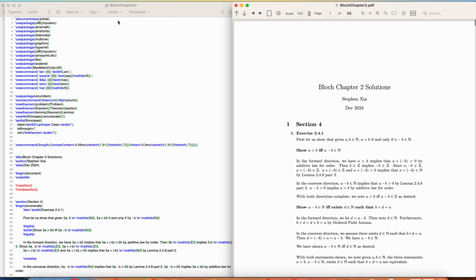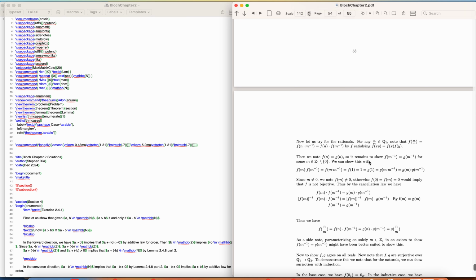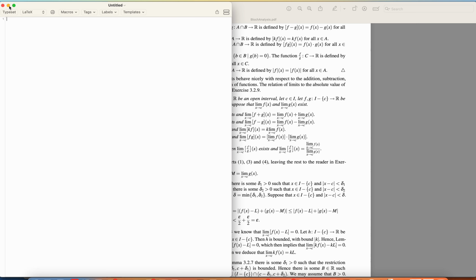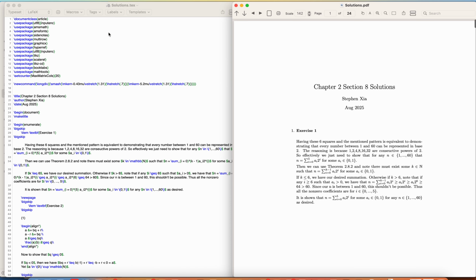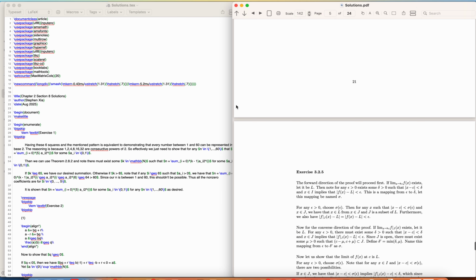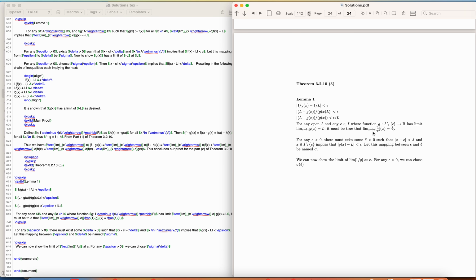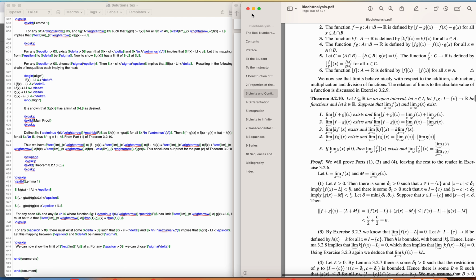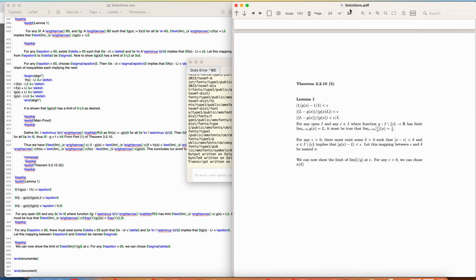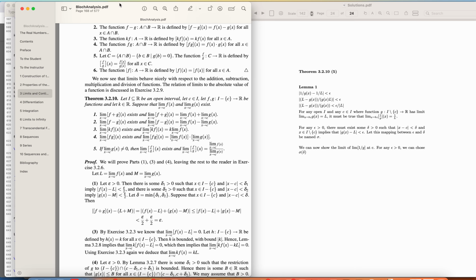I think it was this one. Was it? No, that's the previous block one I had. Is it this? Yes, okay, this one. Let me just compile again, or remove the textbook here.